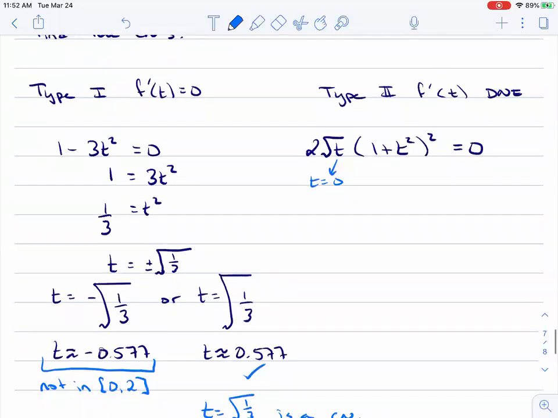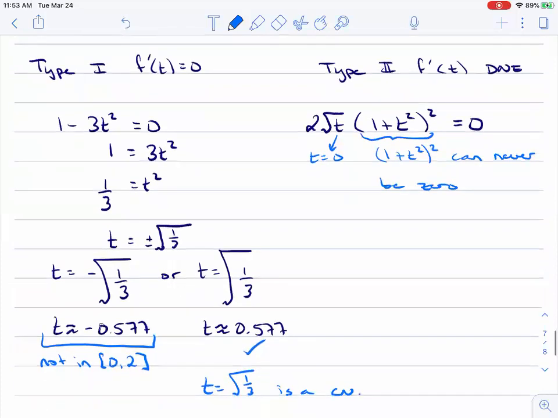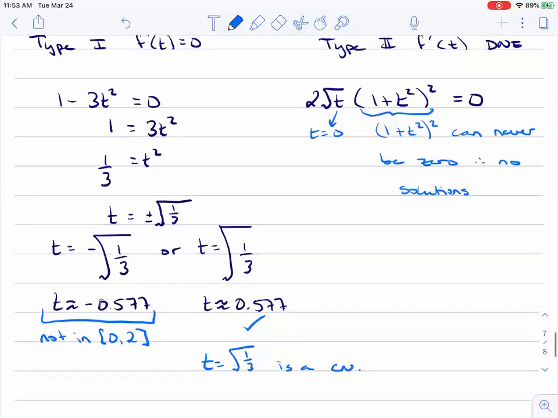The other option would be if 1 plus t squared, squared is equal to 0, but that can never be 0, because t squared is always positive, and so 1 plus a positive number squared can never be 0. Therefore, no solutions to this side. But t equals 0 is a critical number.